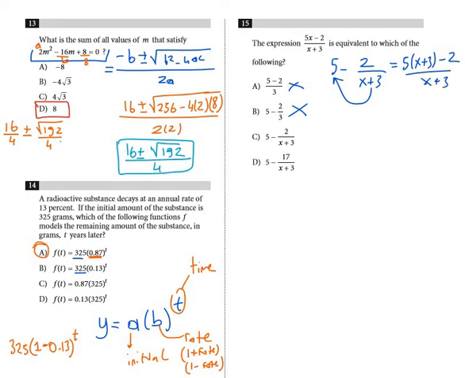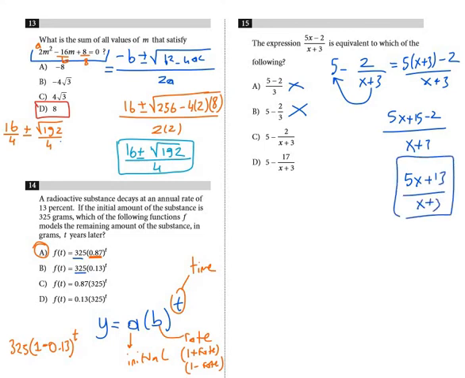Let's see if it gives us the expression. 5 times x is 5x, 5 times 3 is 15, and 15 minus 2 is 13, over x plus 3. It's not the answer because (5x plus 13) over (x plus 3) is not the question. No.